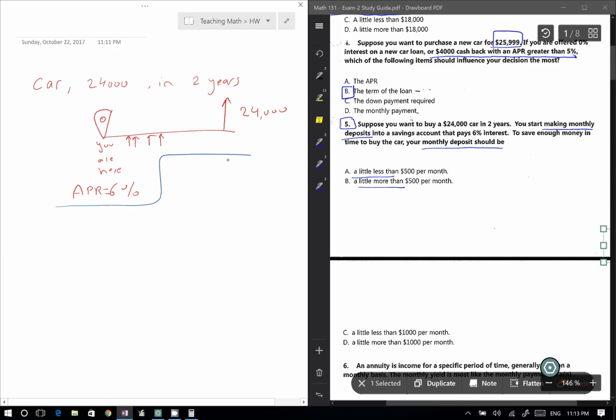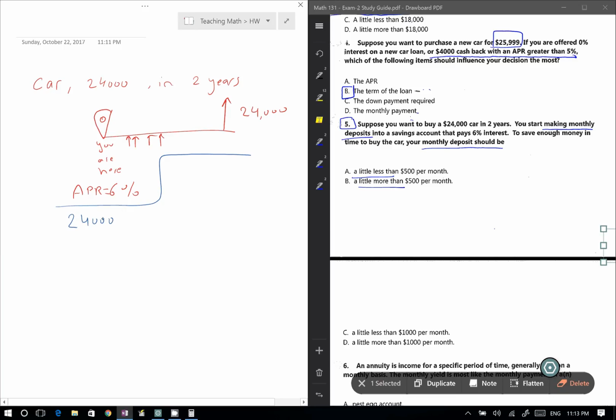So 24,000 monthly payments, it's 24,000 divided by 2 years. 2 years is 24 months.